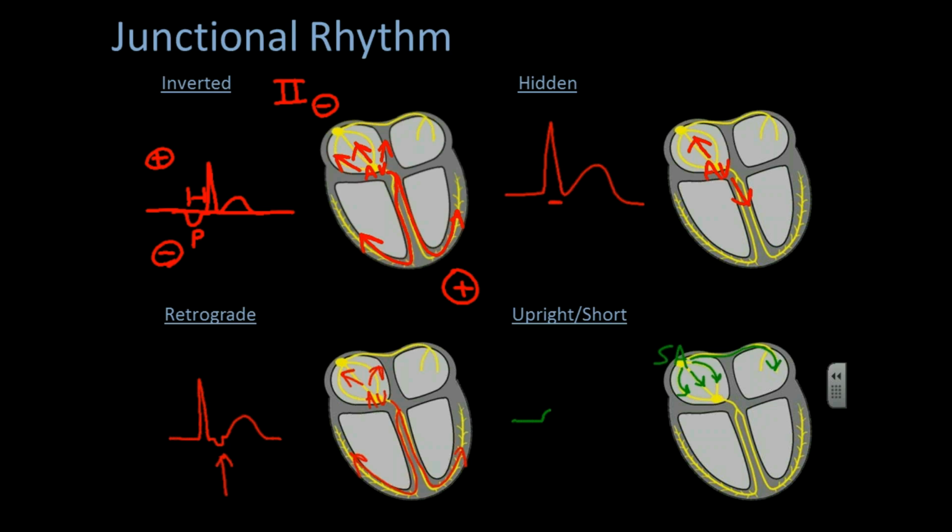However, before it reaches the ventricles, the AV node initiates depolarization, which produces something that looks like that. So it's kind of a fusion of the two, and that we'll see more of when we start talking about accelerated junctional rhythms.